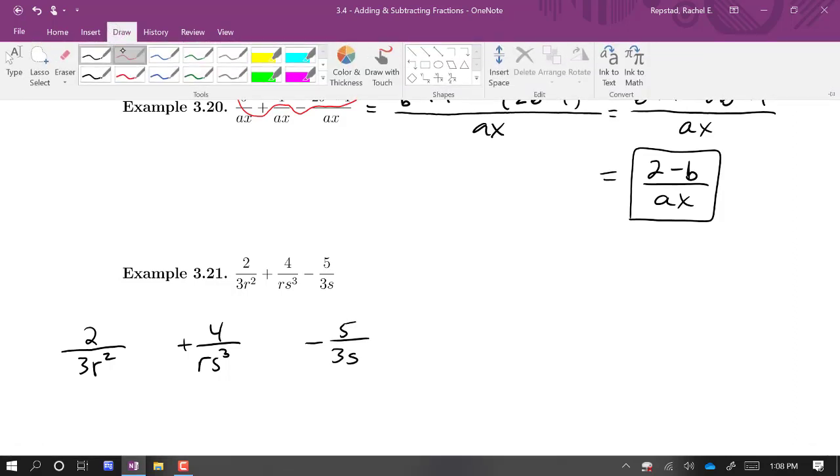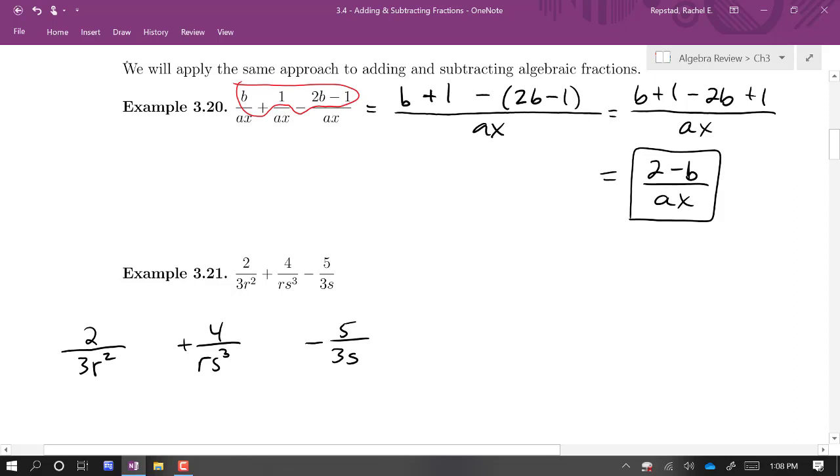And so what I want to do is just go through and add in factors that are needed in order to bring us to a common denominator. So this first fraction needs to pick up a factor of s cubed. And I can add it in as long as I also multiply by s cubed up top. In the middle, it needs to pick up a factor of 3.